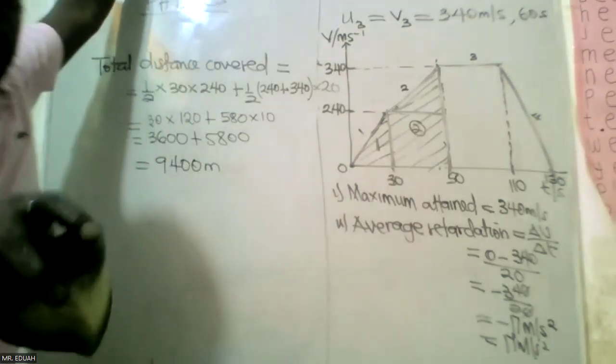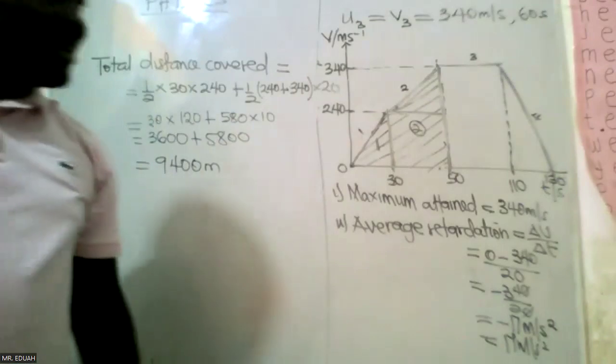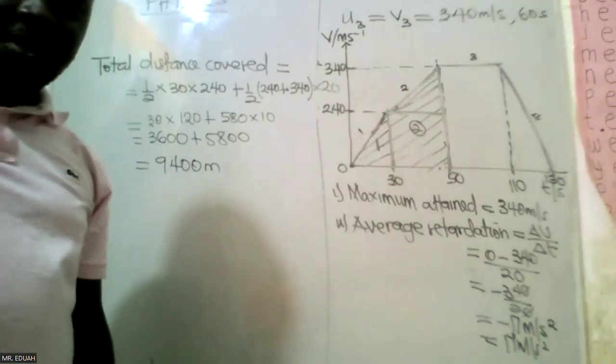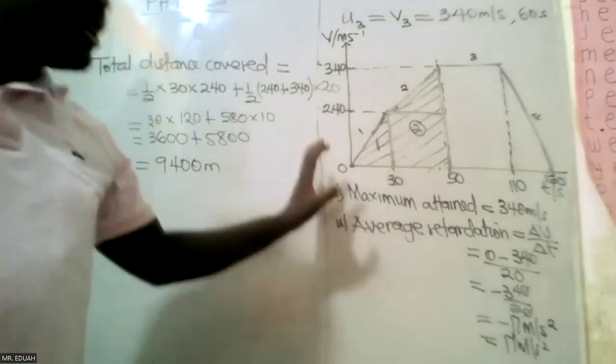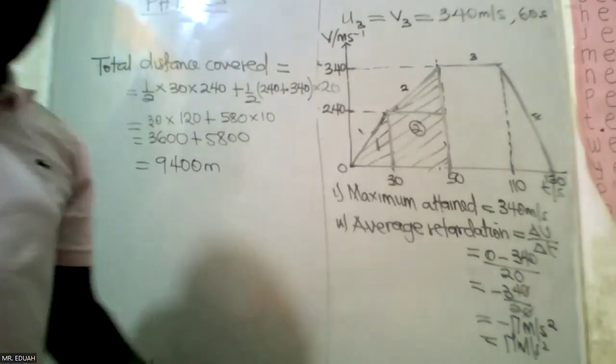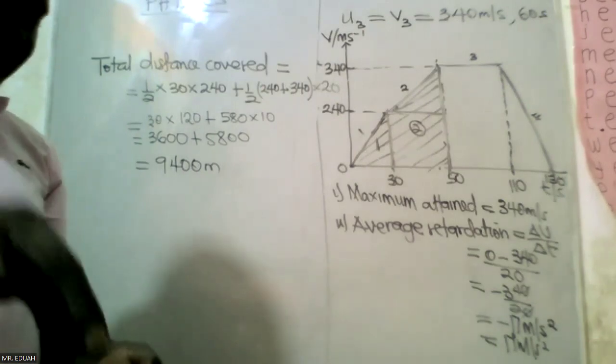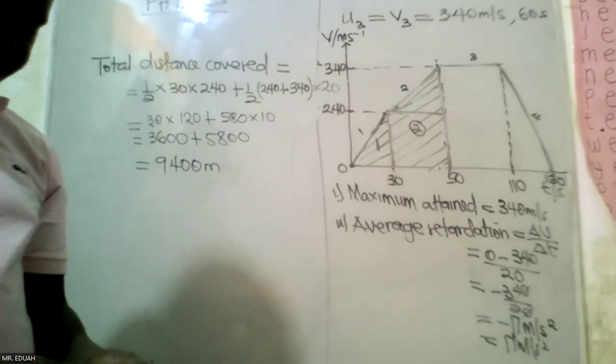I want you to calculate the total distance covered during the whole period. Do that for me. The total distance covered during the whole period, or during the whole motion.